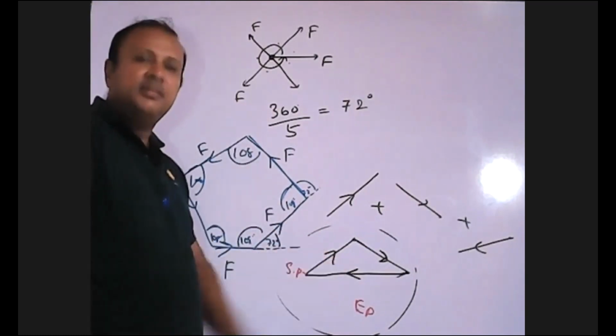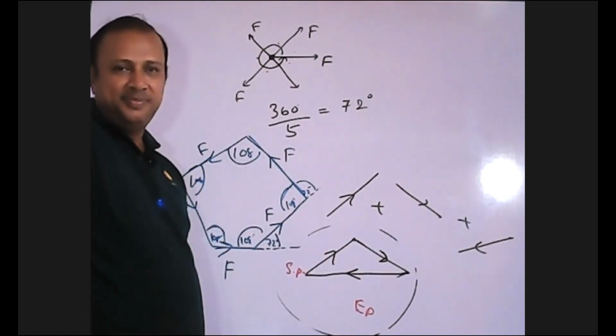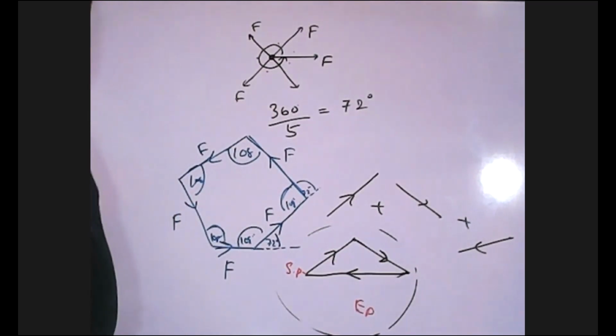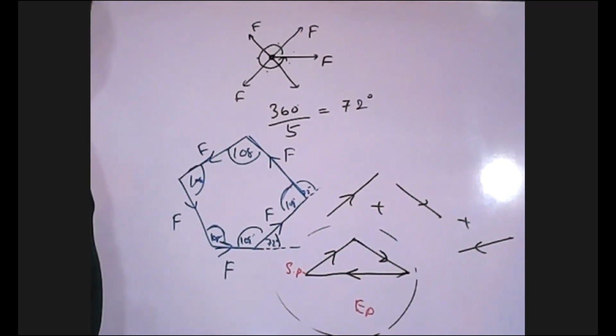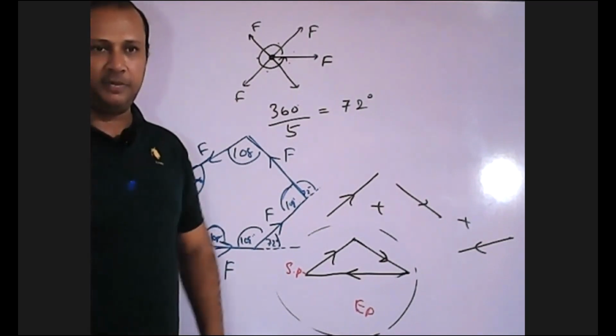That means the resultant is 0. The same thing happened here. Same addition. If there is a closed loop, definitely the resultant is 0. Okay.